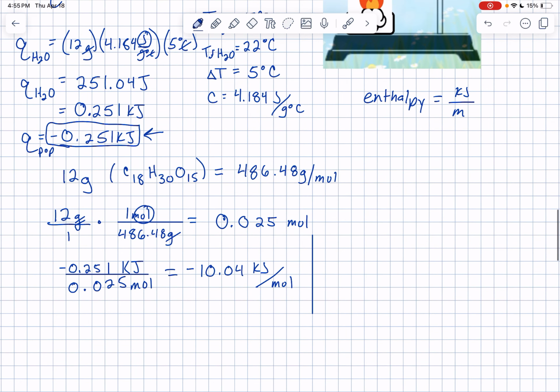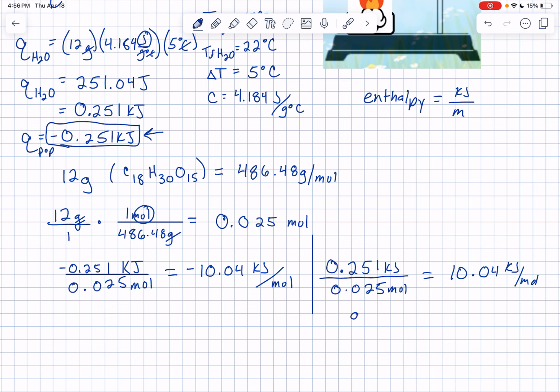And so then in that case, I would use a positive energy. So if I wanted to know the energy gained by consuming this amount of popcorn, then it's going to be a positive 10.04 kilojoules per mole.